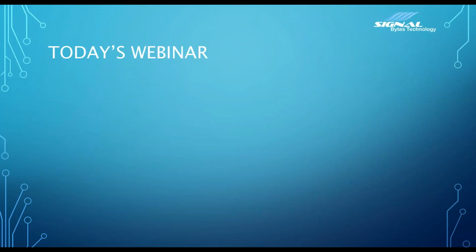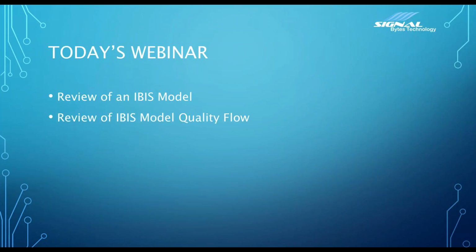So let's talk about today's webinar. I'm going to do a quick review of an IBIS model and of an IBIS model quality flow, and this is going to dovetail off of the last webinar I did about a week and a half ago, the 7 deadly sins of simulation with IBIS models. I think most of the people on the webinar today attended that, which is good.